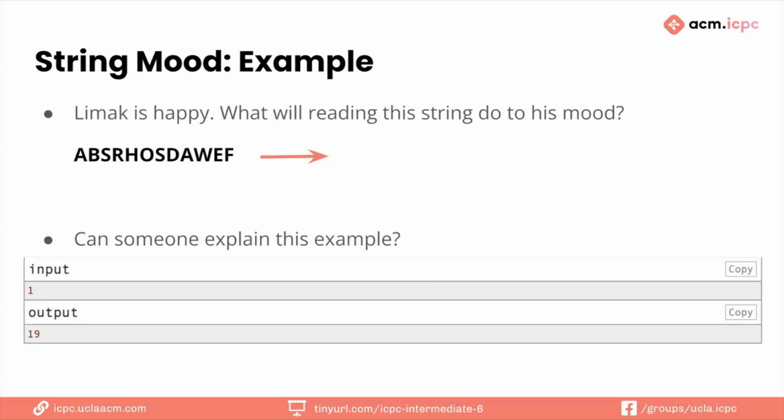The question is, will he be happy or sad after reading all these characters? Sad? Yes, that's correct. This task is a bit tricky because there is a lot to consider, but if you look at the last part of the string, Limak will become sad after reading letter D, so it doesn't really matter what's happening before.